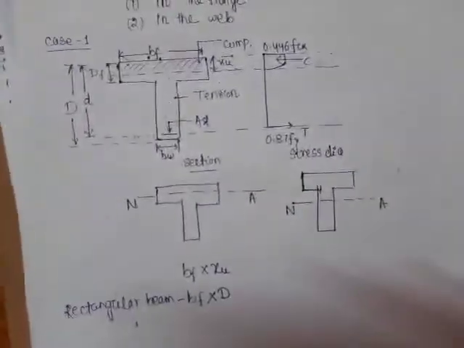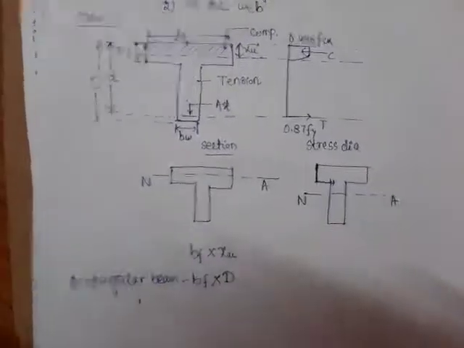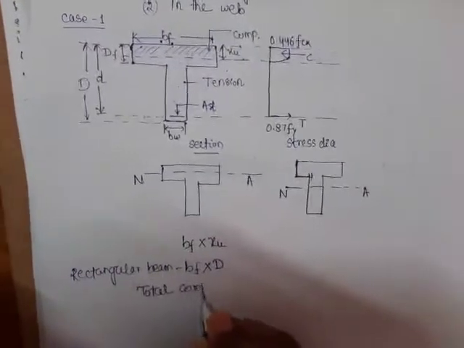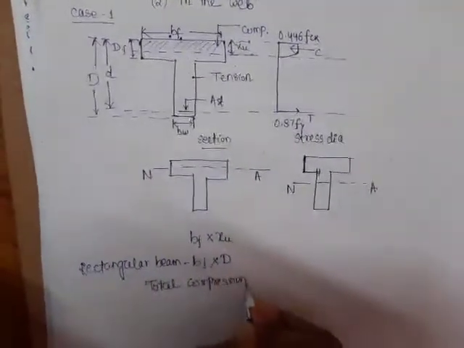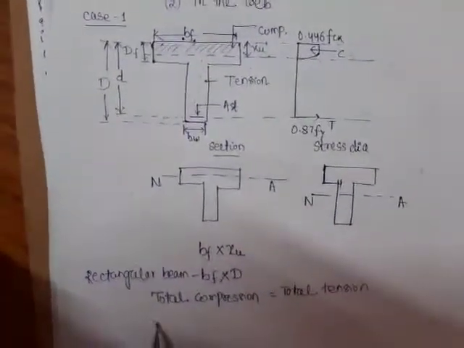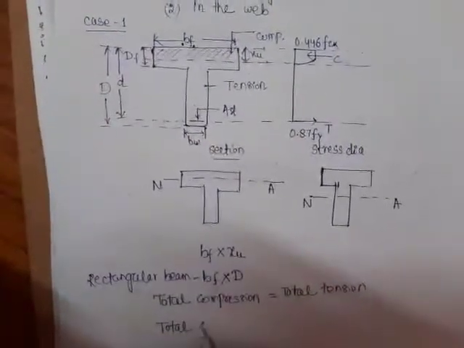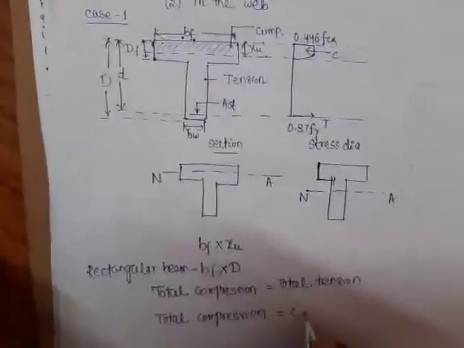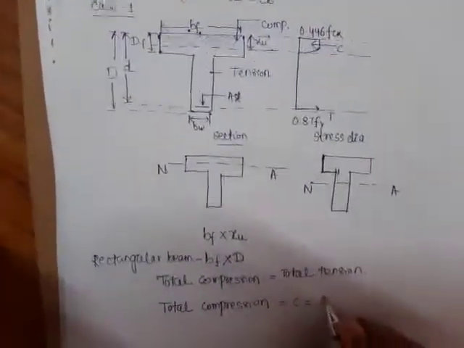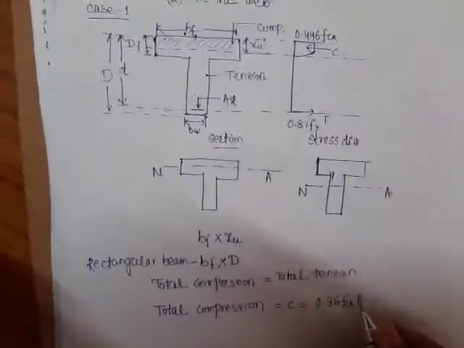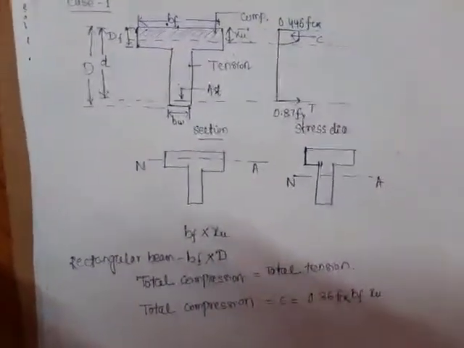So in order to be in equilibrium condition, the total compression must be equal to the total tension. So the total compression, denoted as C, must be equal to 0.36 FCK BF XU.